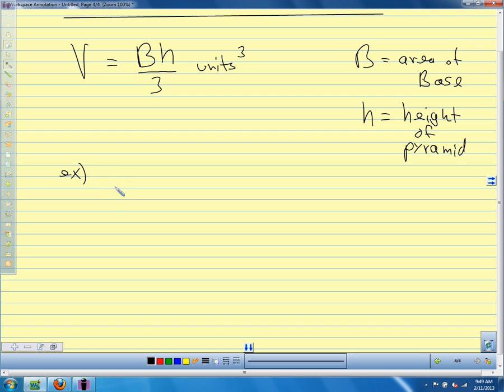So we have a square pyramid. Which part of the pyramid is a square, Nick? The base. Our base is a square. So we have a square pyramid.